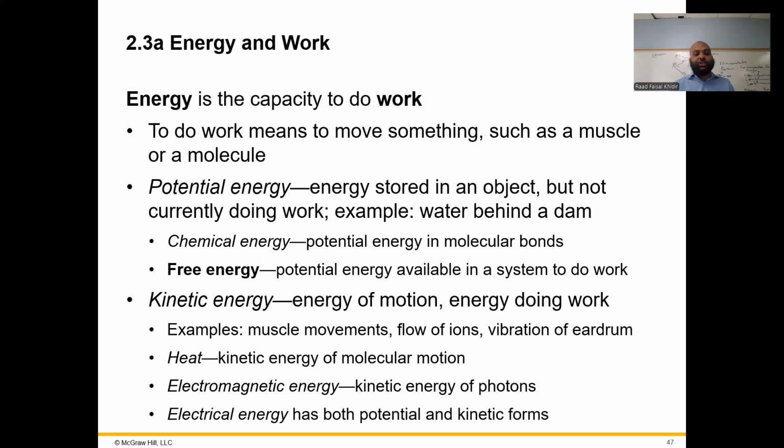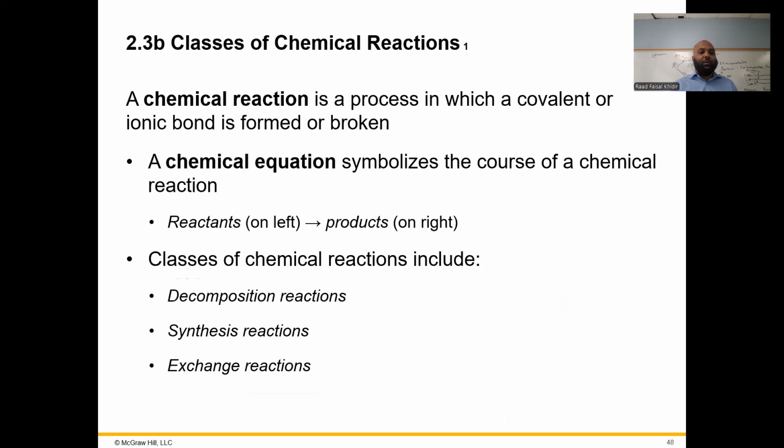I'm not going to ask you what a photon is and how it emits energy. But it will make you appreciate that we have heat energy, kinetic energy, and potential energy. Just know the big ones, but you don't have to know the details, for example the difference between electromagnetic energy and the use of a photon.